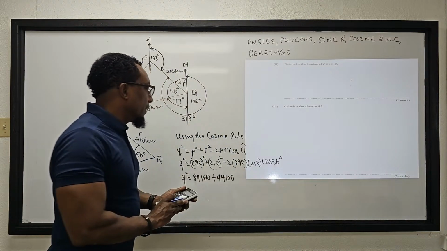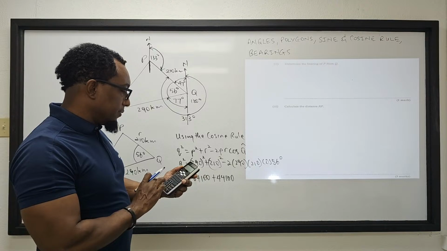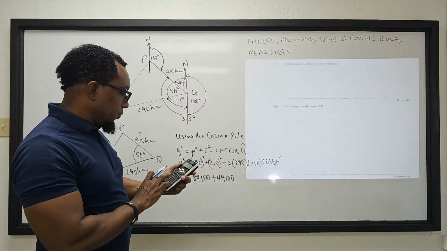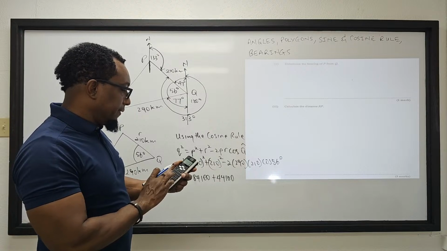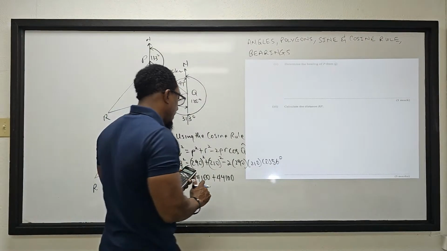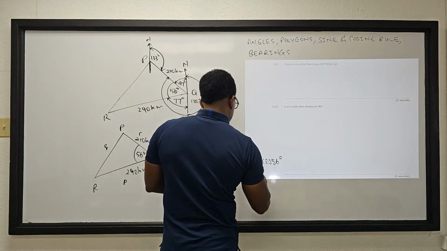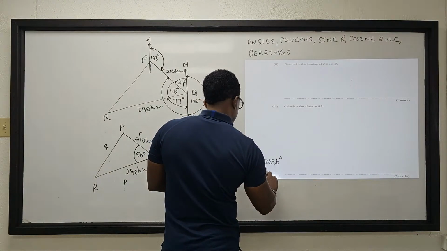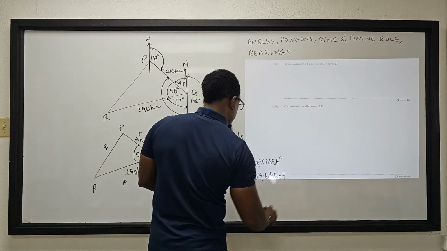And let's work it out. Negative 2 by 290 by 210 multiplied by cos 56 degrees will give us negative 68109.69564.